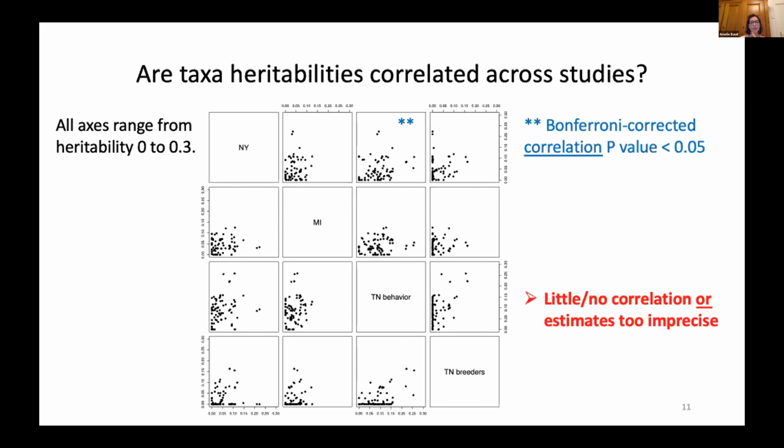But overall, really, there's still little evidence that the heritabilities are correlated. So that could mean that truly there's no correlation or little correlation, or it could be that our estimates are too imprecise and we can't really see the correlation that exists.